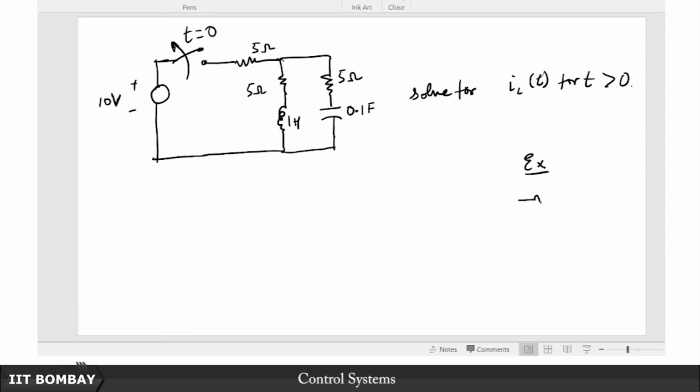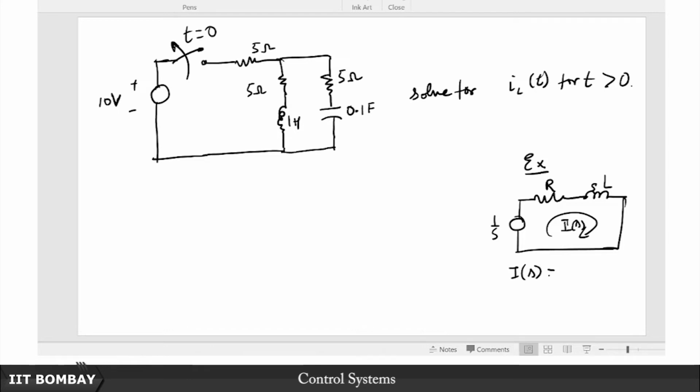Maybe you can just take an RL circuit like this and take this as 1 by S, this as SL, and take this as I of S. So you will see that I of S is nothing but V of S over R plus SL, which is nothing but 1 over S times R plus SL.